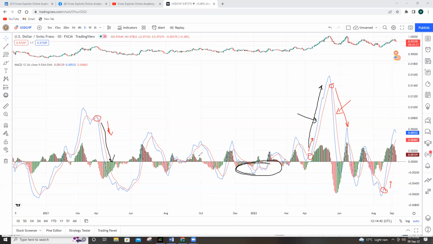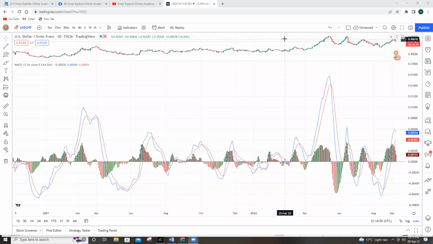Now, be very, very disciplined before you take this crossover. Pay attention to the market structure. There is no way to overemphasize the importance of market structure in anything you trade.